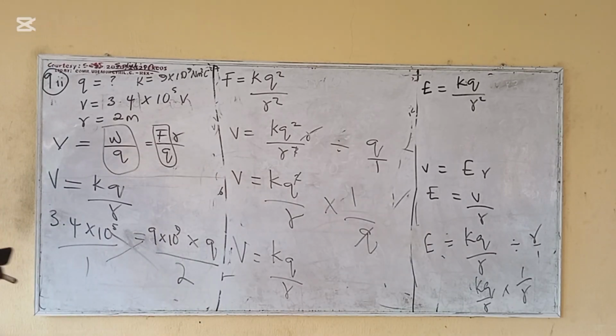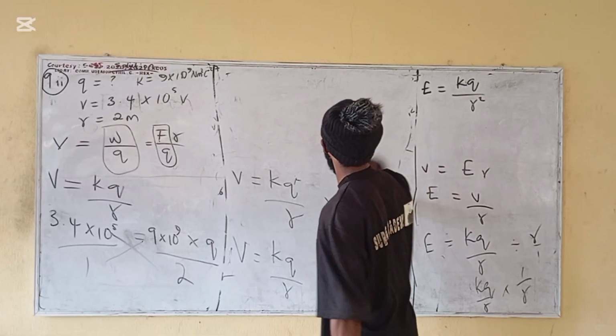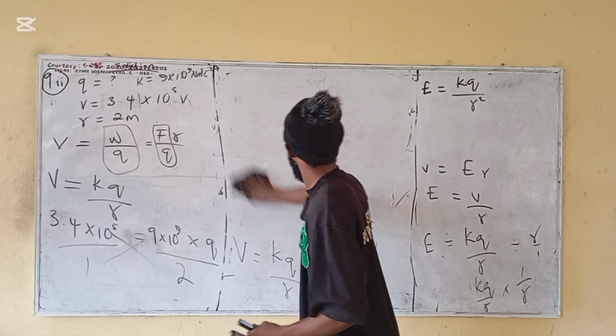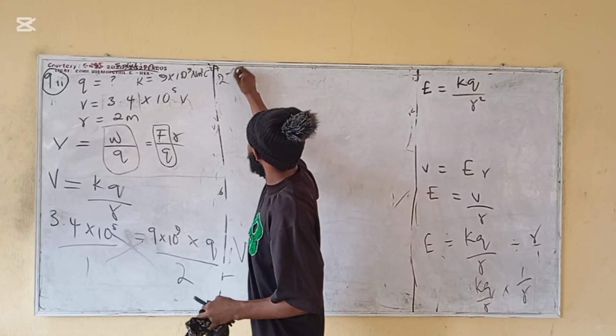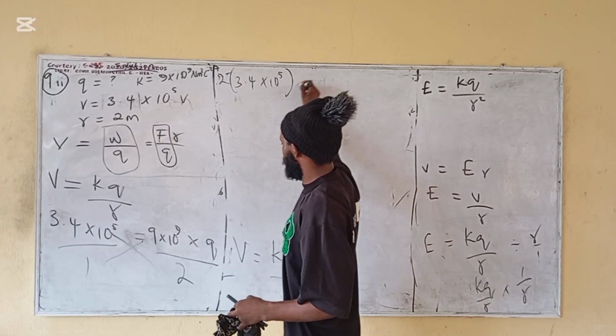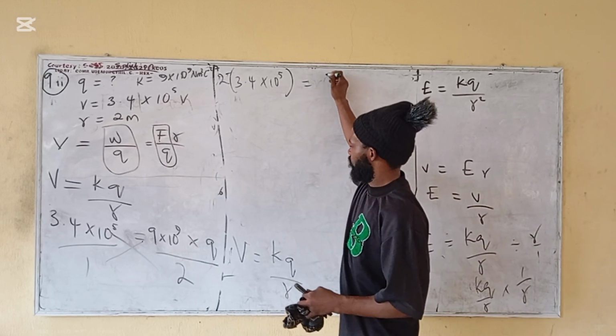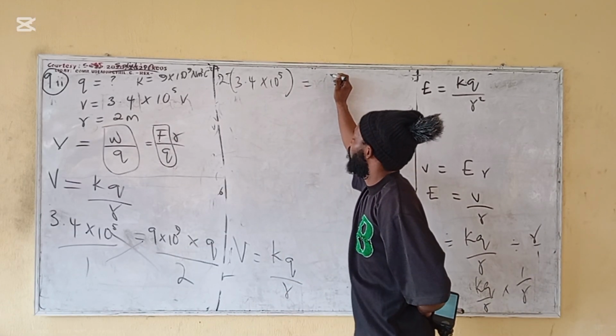Yes. If I cross multiply, this will now be 2 into 3.4 times 10 raised to the power 5, which equals 6.8 times 10 raised to the power 5, equals 9 times 10 raised to the power 9 times Q.